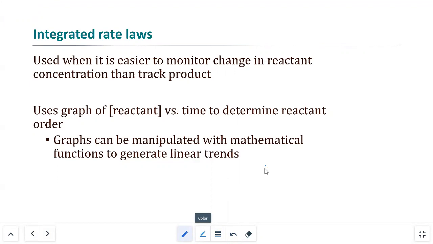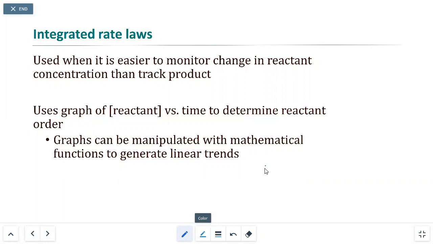Where this is going to be more important and more useful for us is when it is considerably easier to track the concentration of a reactant compared to that of a product. Because what we're going to do is graph the concentration of the reactant against the amount of time that elapses.